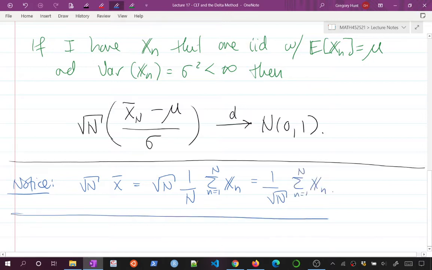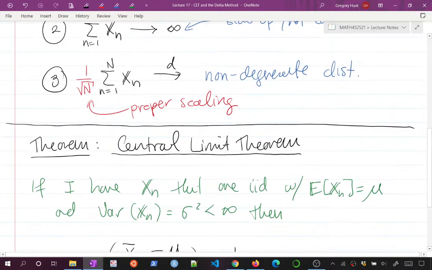So root n times X bar is like a sum that's been scaled by 1 over root n. That's the crux of the theorem: looking at sums of things that have been normalized by 1 over root n.